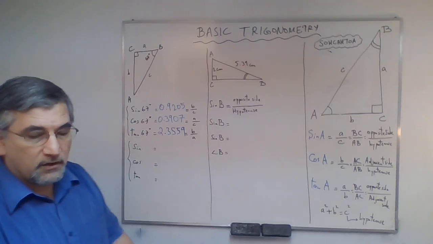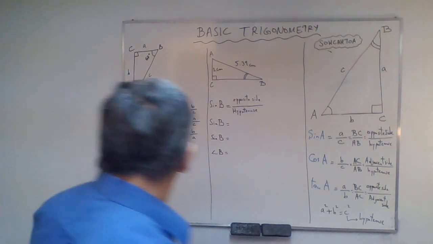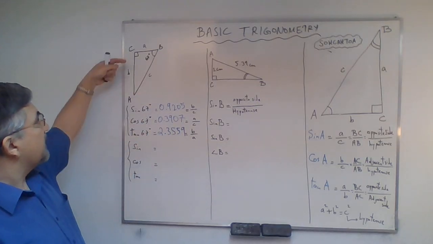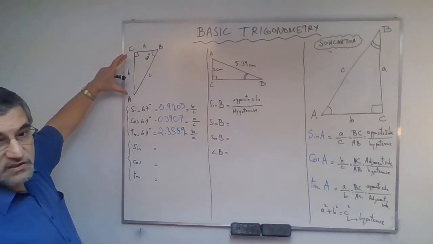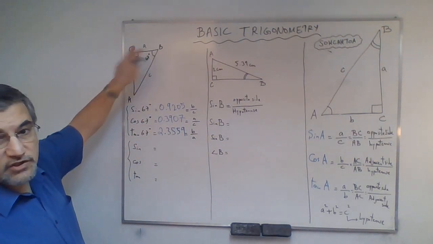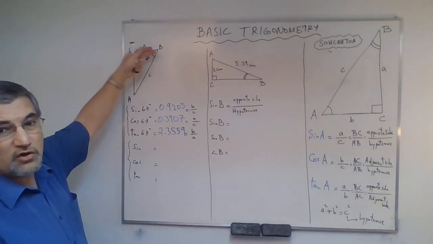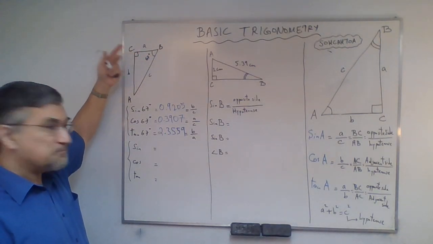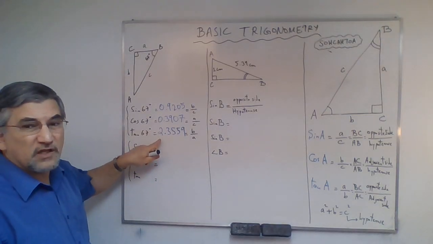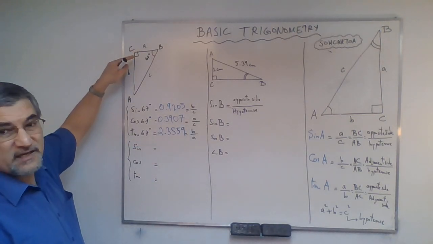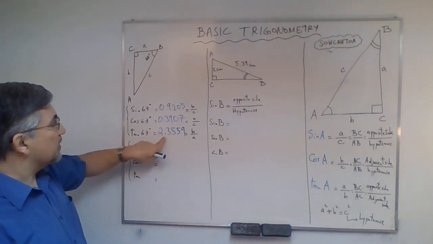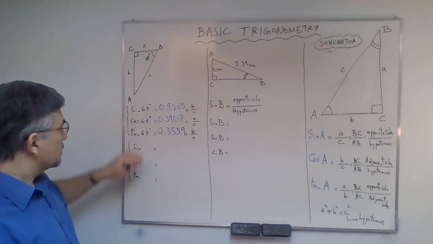So that means that tan of 67 is 2.3559. That's the ratio of the opposite side to the adjacent side. And we see that the opposite side is larger than the adjacent side, because B is larger than A, so it makes sense that it's more than twice the size of A. So that's what we did.